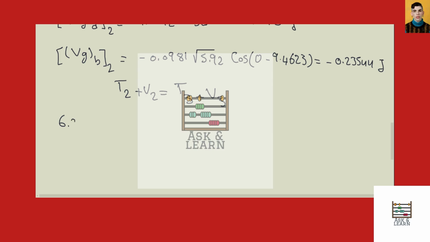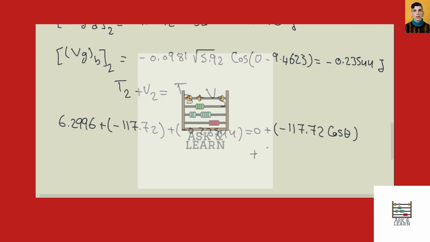So we have 6.2996 plus negative 117.72 plus negative 0.23544 equals 0 plus negative 117.72 cosine theta plus negative 0.0981 square root 5.92 cosine theta minus 9.4.